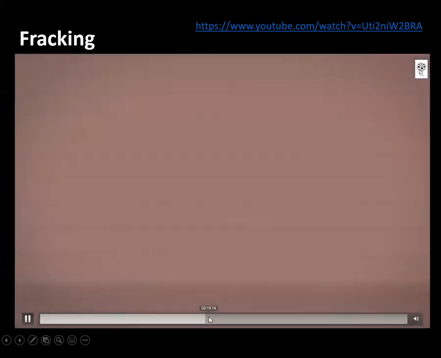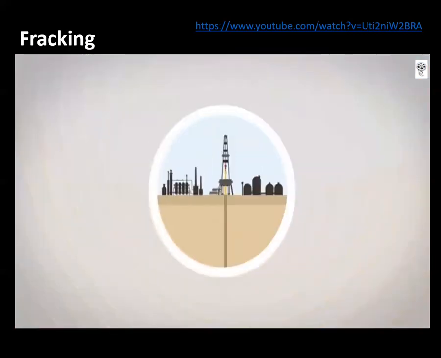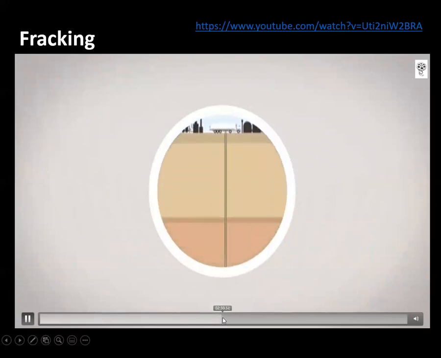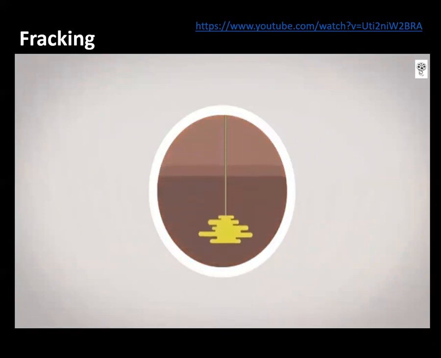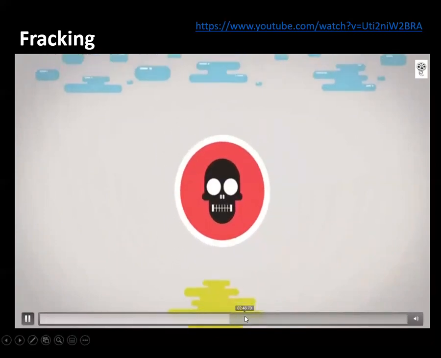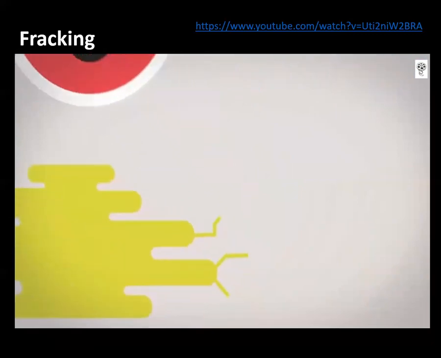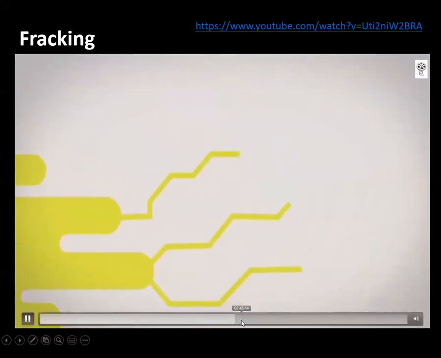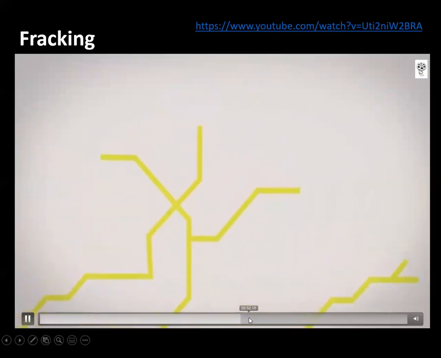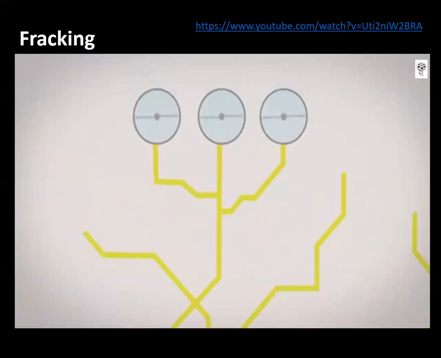Next, the majority of the fracking fluid is pumped out again. And now the natural gas can be recovered. As soon as the gas source is exhausted, the drill hole is sealed. As a rule, the fracking fluid is pumped back into deep underground layers and sealed in there. However, fracking is also associated with several considerable risks. The primary risk consists in the contamination of drinking water sources. Fracking not only consumes large quantities of fresh water, but in addition, the water is subsequently contaminated and is highly toxic.